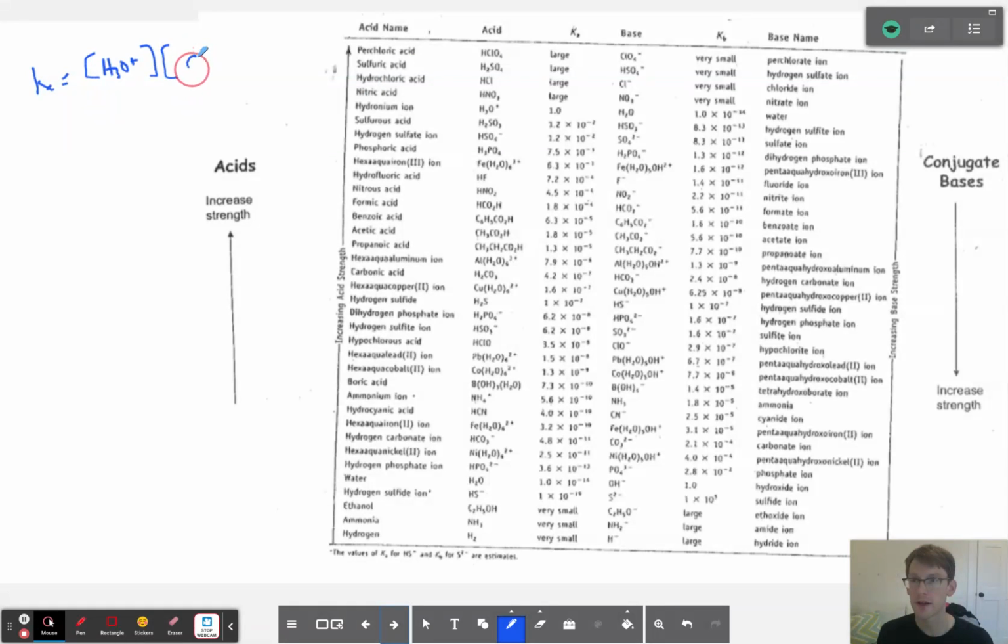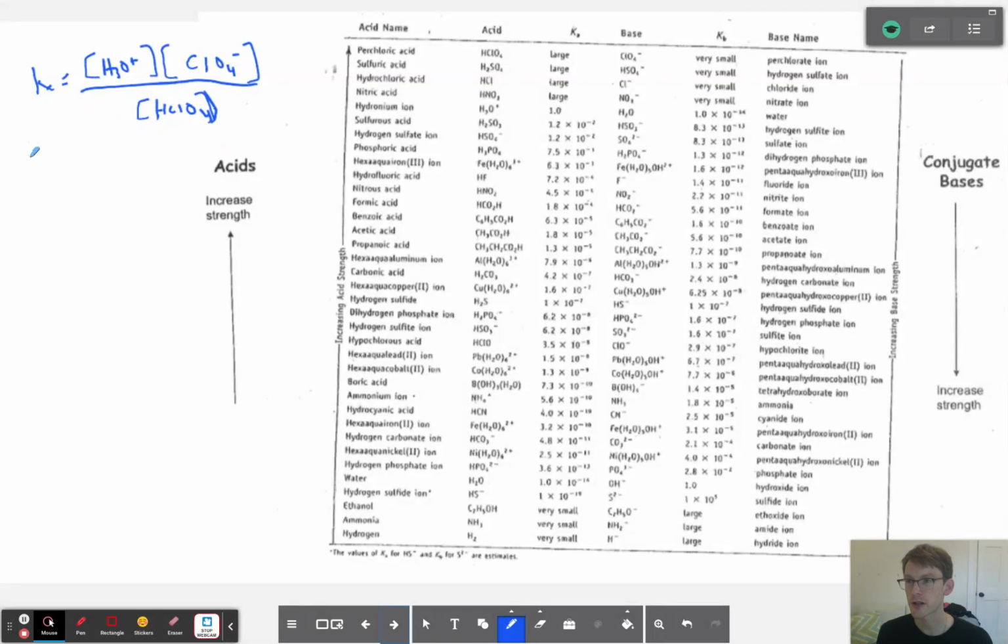So the conjugate base is going to be ClO4 minus, over the starting material, the molecular acid, which is HClO4. And it's concentrations of these.